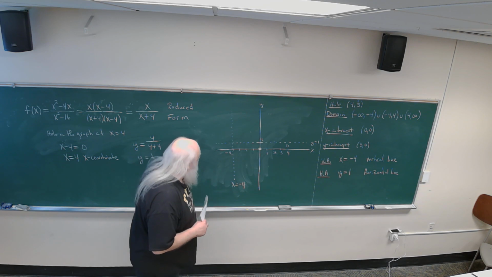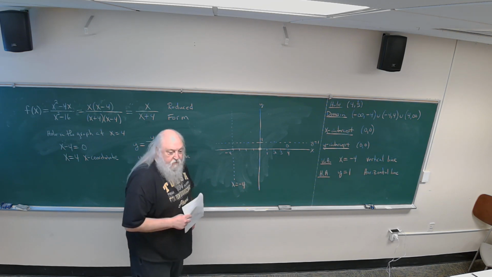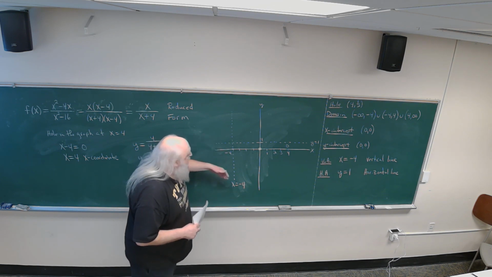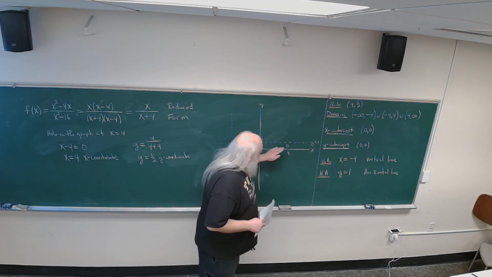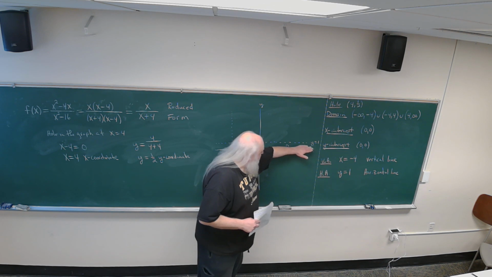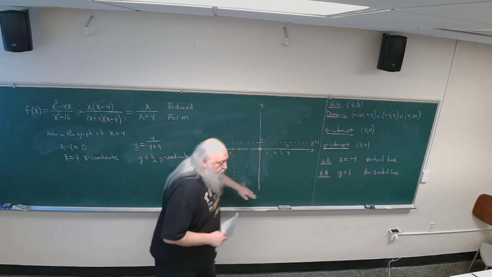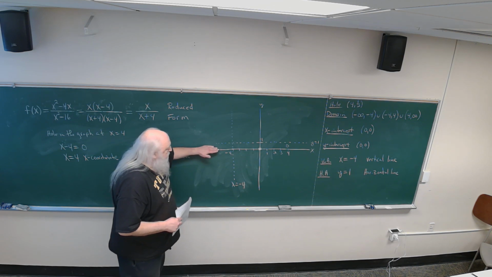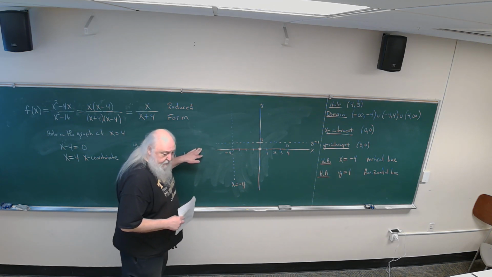And now we can graph the rational function. Okay, so now we got to determine whether, we know that on the far right end, the graph is going to flatten out either above or below the horizontal asymptote, and it's going to flatten out either above or below the horizontal asymptote on the left end, right?